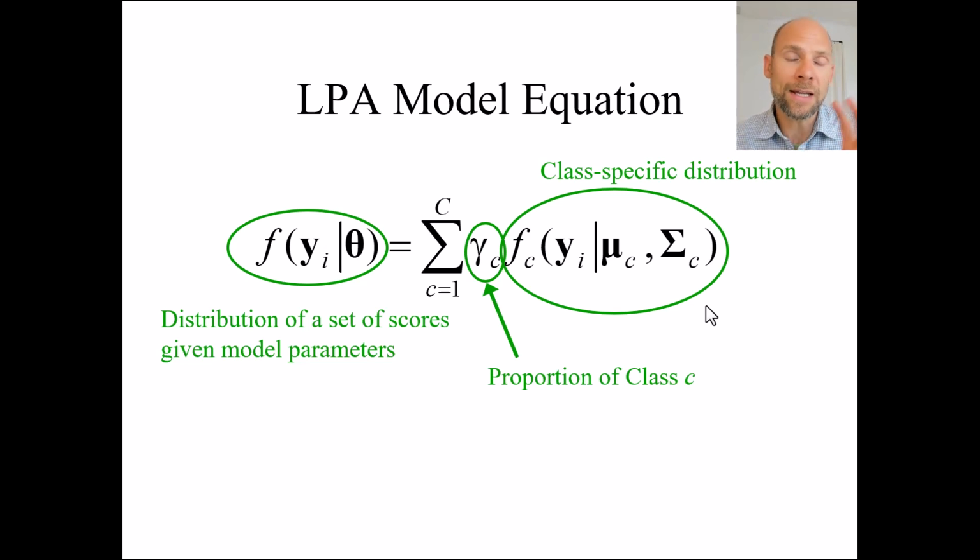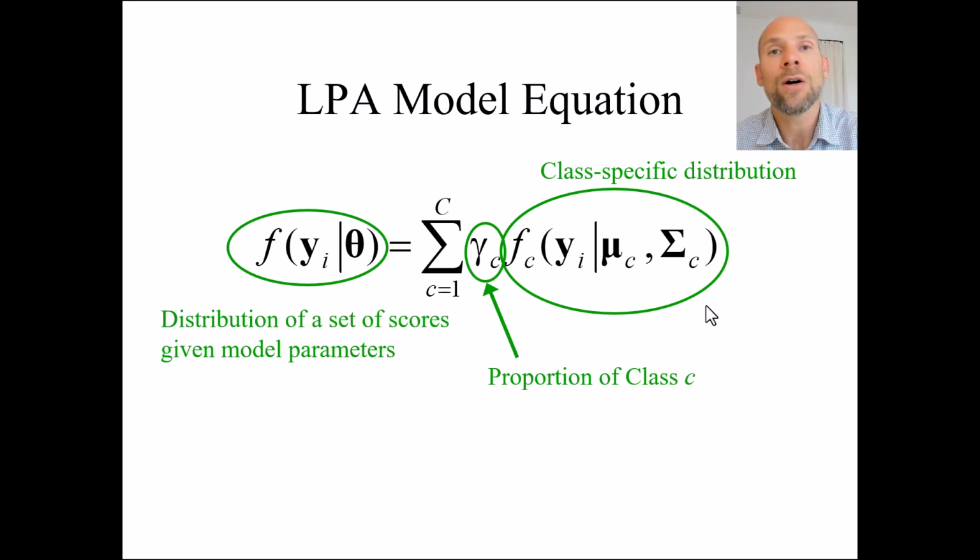So the distribution that we observe in the entire population is a function of a mixture distribution, where it depends on what class we're looking at, and in each class there could be a different mean vector and a different covariance matrix.